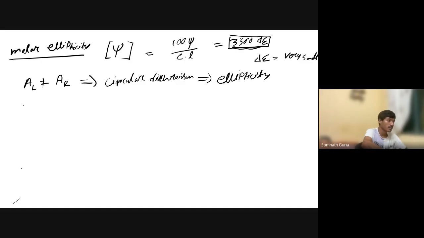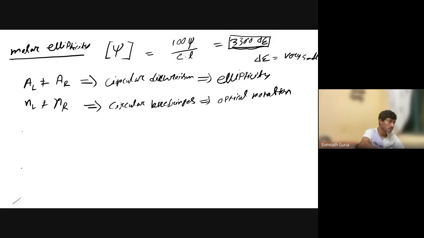And when the speed of left hand circularly polarized light is different from right hand circularly polarized light, then it gives us circular birefringence, which is related with optical rotation.